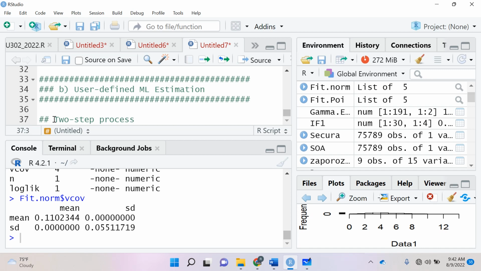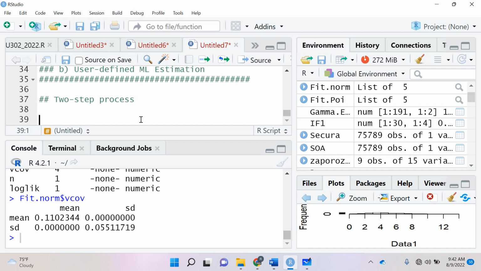First, we would declare the log likelihood function. That's the first one.